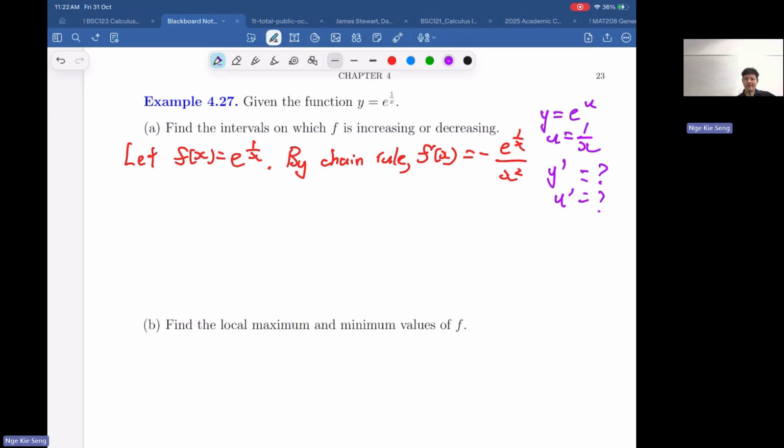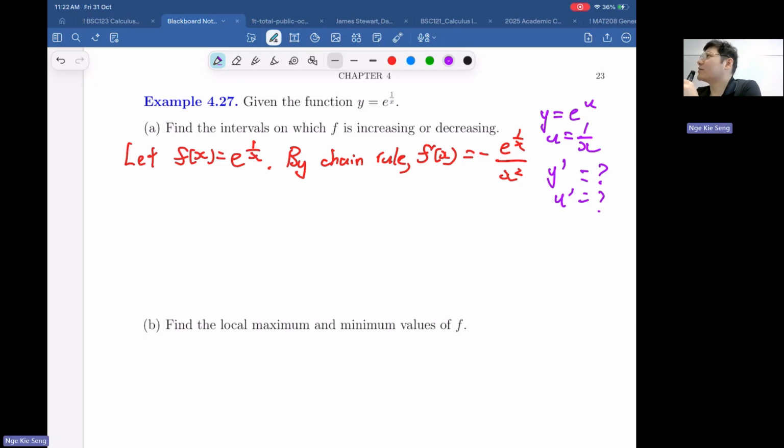For increasing and decreasing, you want to find when it is greater than 0 and when it is less than 0. Is it possible that this value is greater than 0? No. Why? Because x squared is always positive and e to the 1 over x is also always greater than 0.